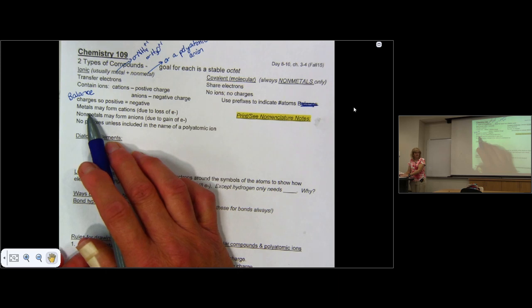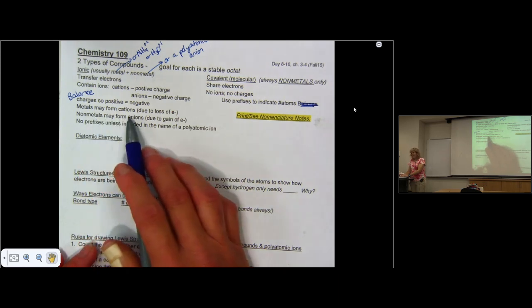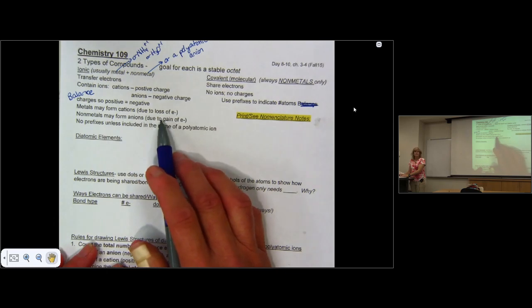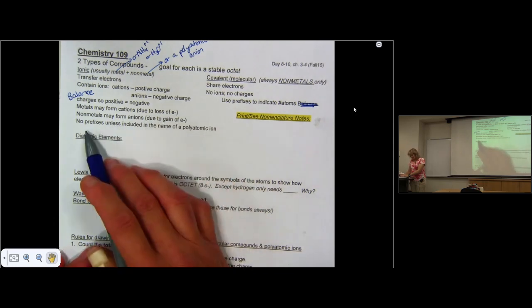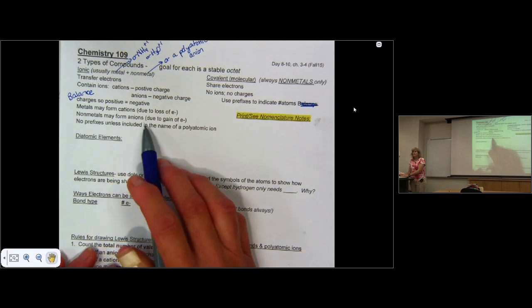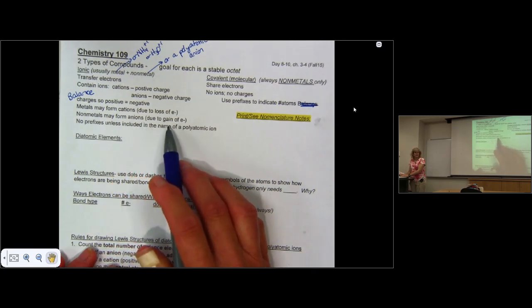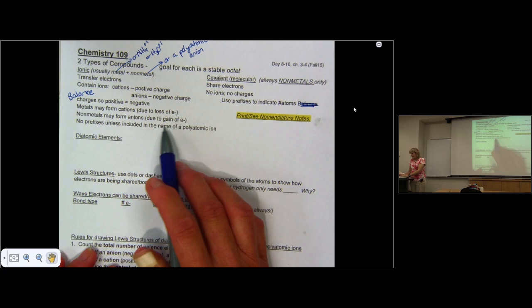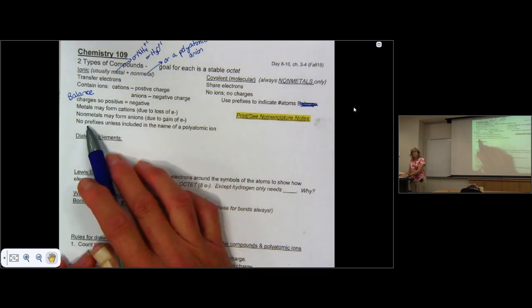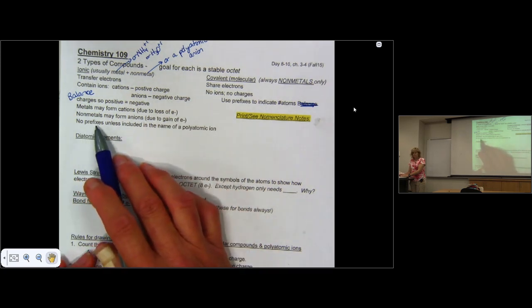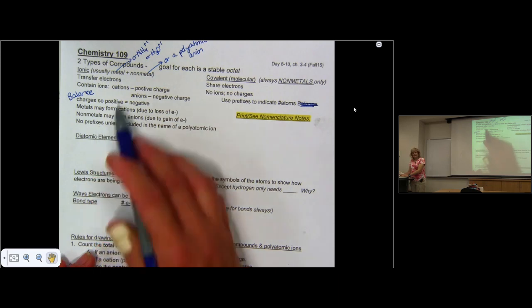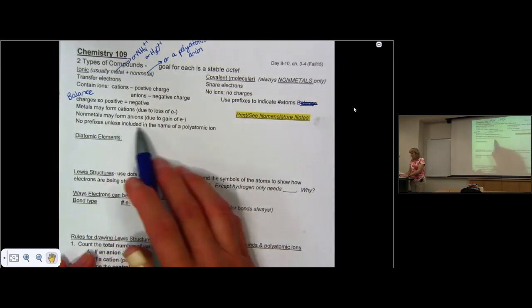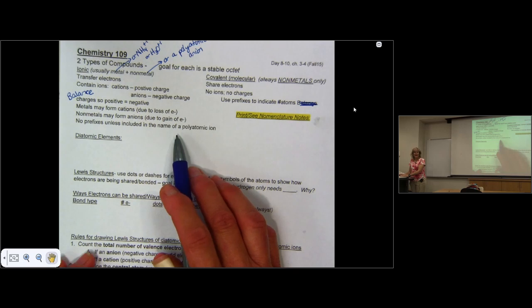Metals form cations due to loss of electrons. Nonmetals form anions due to gain of electrons. And the last little snippet is no prefixes. You do not use prefixes in ionic compounds unless they're used in the name, like dichromate, for instance. But other than that, you do not use prefixes.